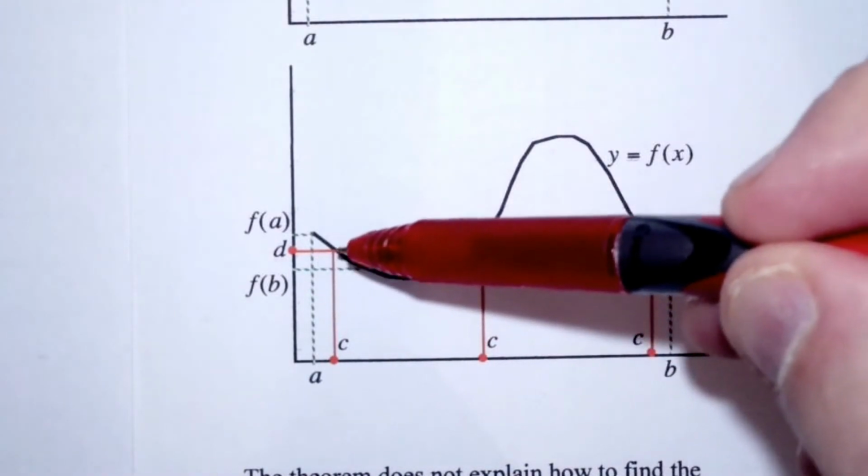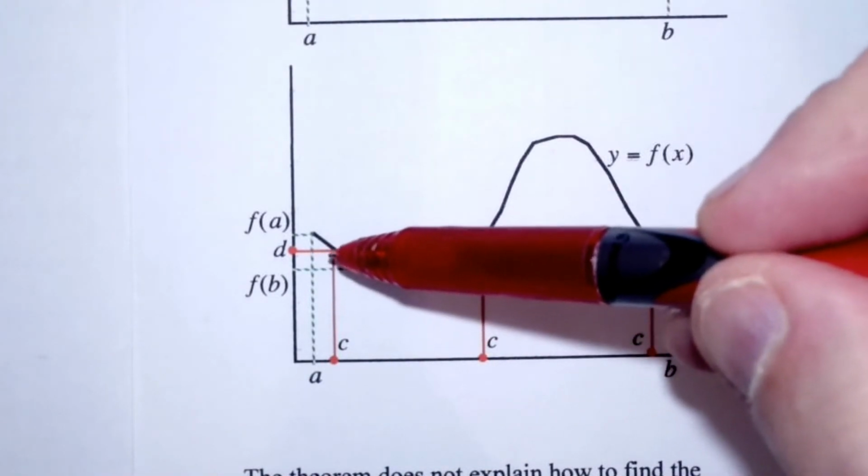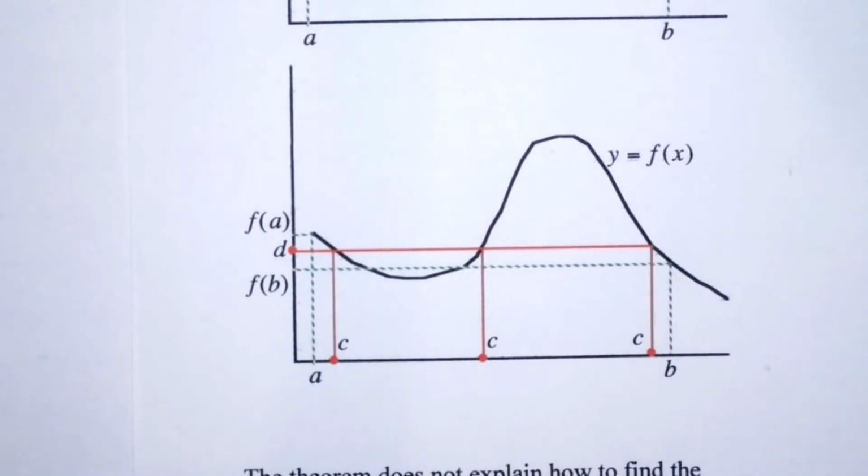Any place where this horizontal line, y equals d, crosses the graph of f of x on the interval between a and b, the x-coordinate of any of those points is one of these c's that is guaranteed by the intermediate value theorem. Now, the intermediate value theorem doesn't tell you how to find those values of c, it just tells you that they exist.